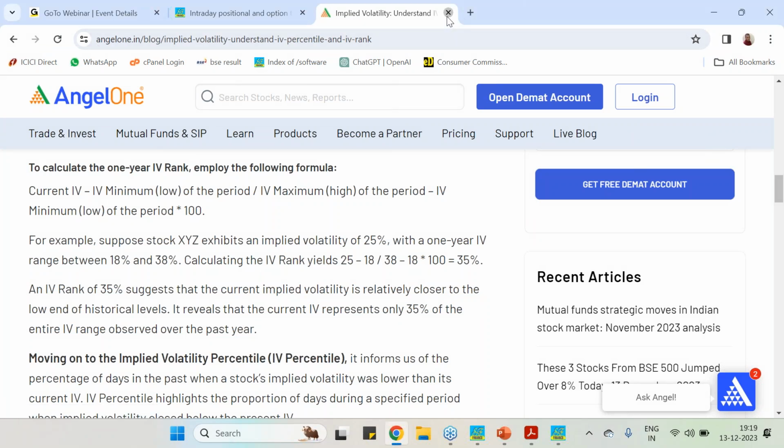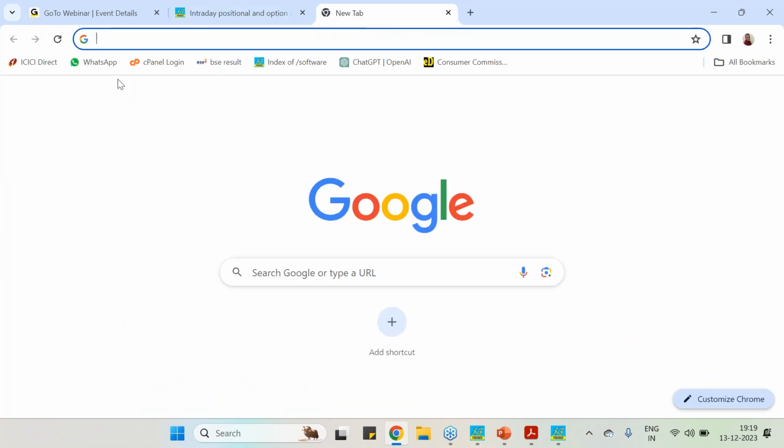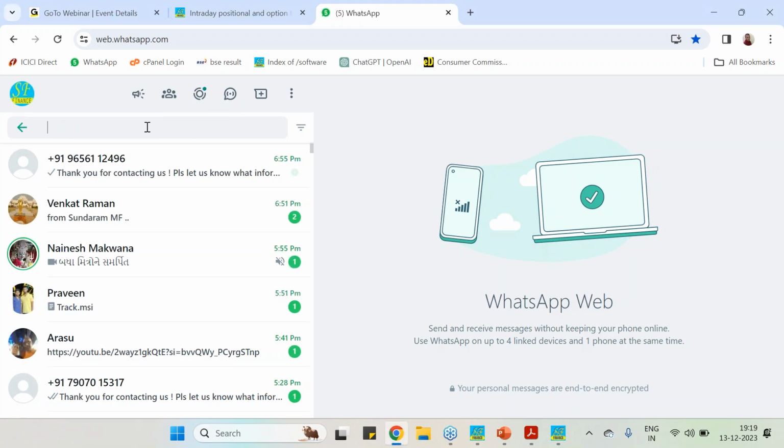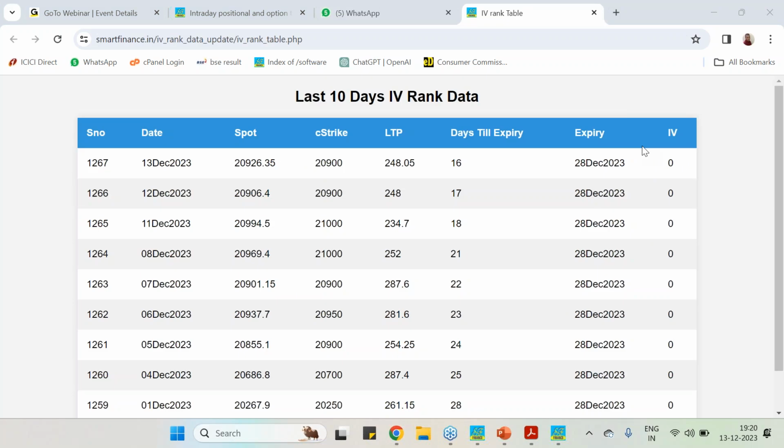So Nifty's IV, how will I calculate it? Options IV, it is possible to calculate. But Nifty's IV, how to calculate? For that, you have to maintain one particular record. What is that record? You have to maintain a record every day of where the stock ends.